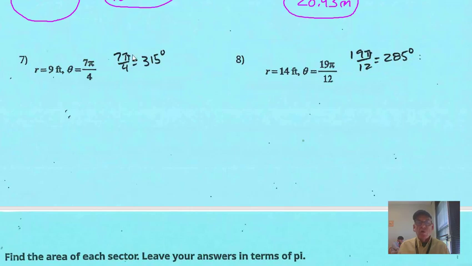7 pi over 4. If you do 7 times 180 divided by 4, we get 315 degrees. So this is equivalent to 315 degrees for the central angle. So we have 315 over 360 times 2 times pi times the radius, which is 9.